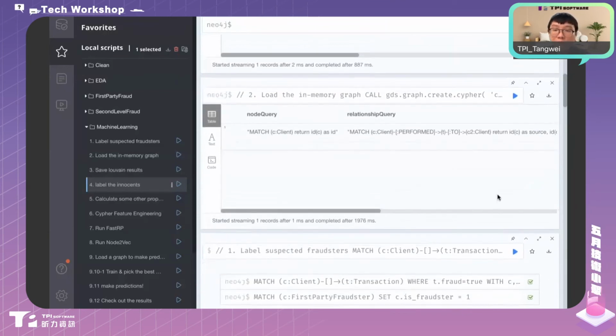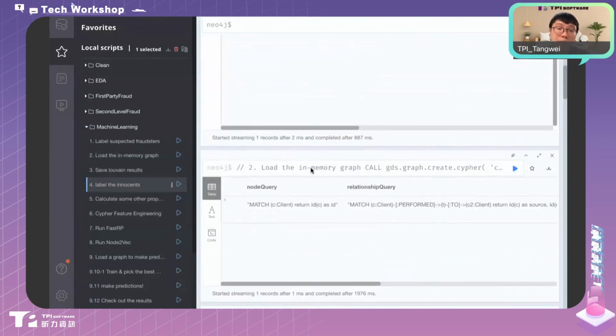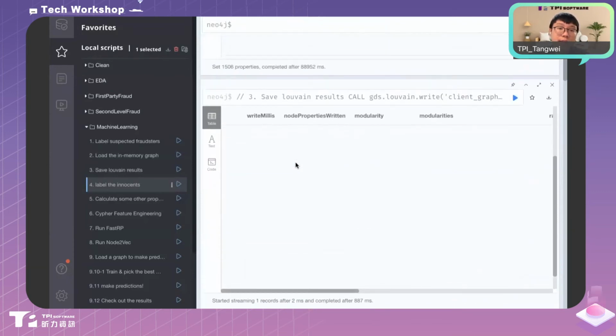And then we will use the Louvain algorithm to cluster the clients, which is useful for identifying communities based on transaction behavior, to find communities in our graph who are connected. So we load the in-memory graph, and then we save the Louvain result into our graph database.